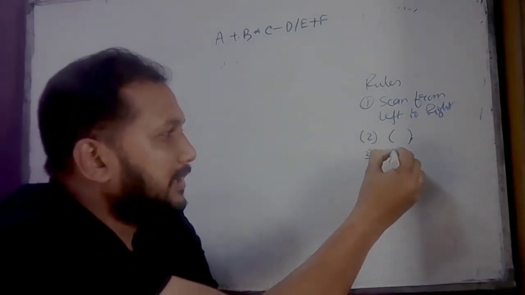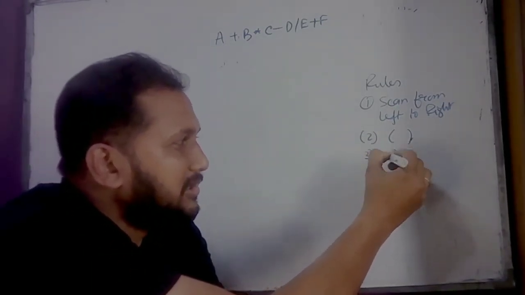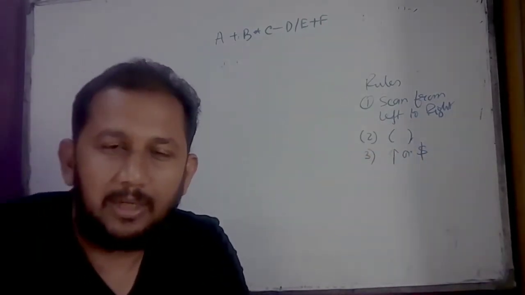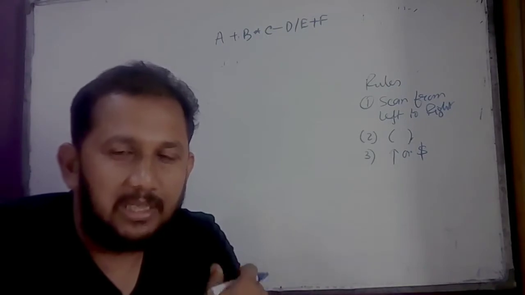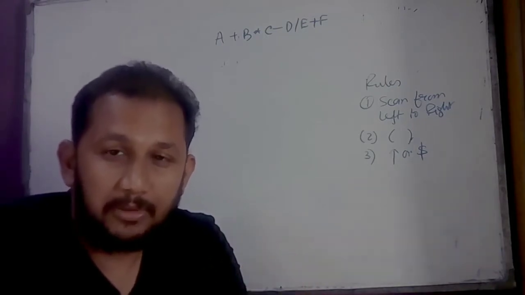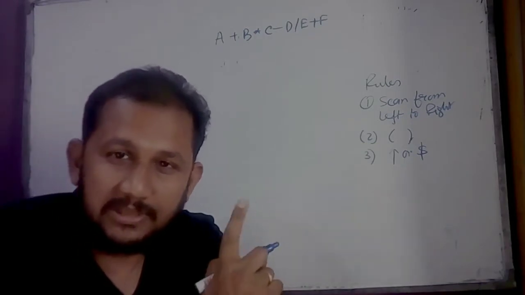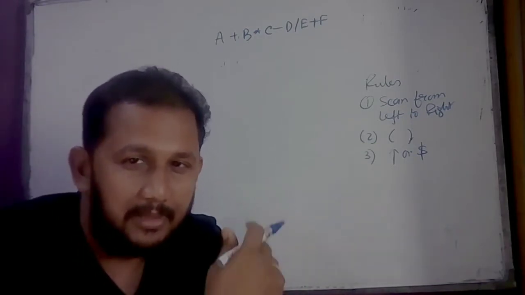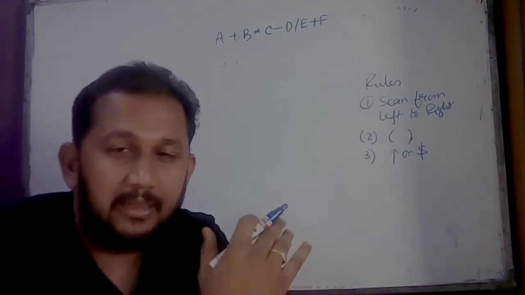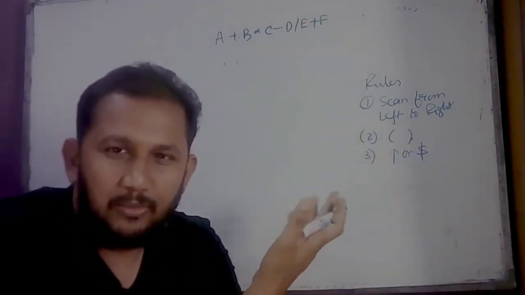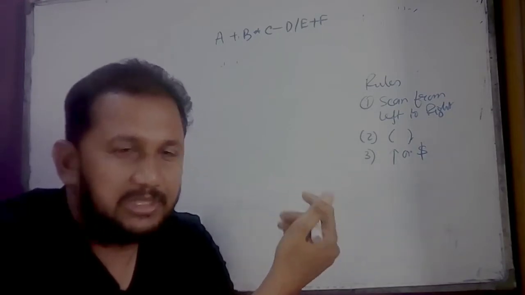Number 3 is the exponential, this symbol or this symbol, they are the same symbol, the exponential. Its priority is the next rule. First scan from left to right, then the bracket is performed, then exponential.